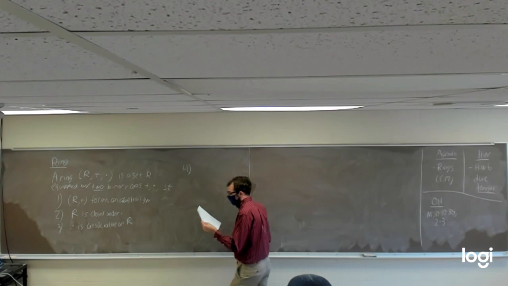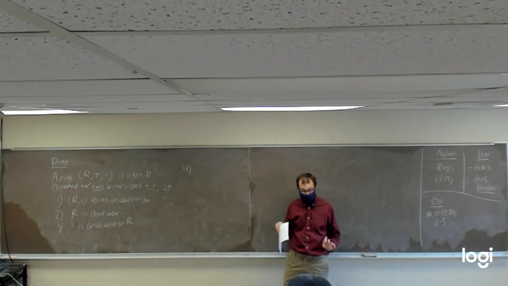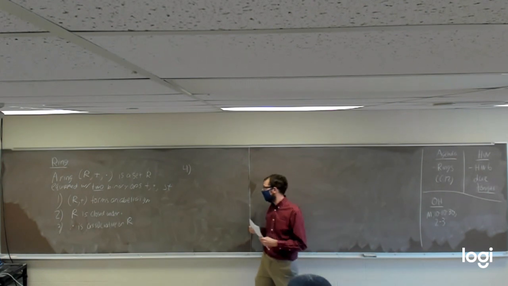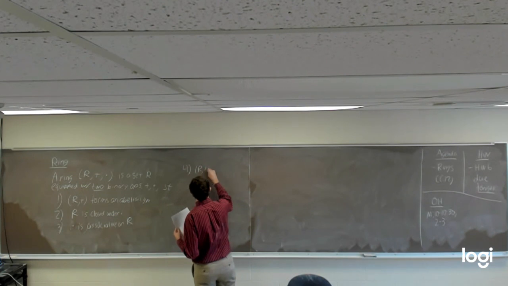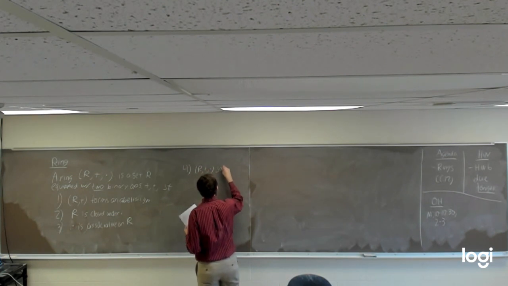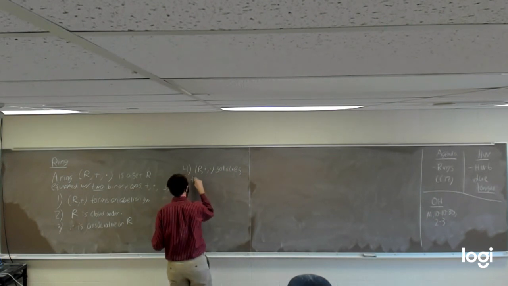And the last condition that we want is going to be one that kind of combines the addition and multiplication operations in a way, and that's going to be the distributive properties. Properties because there's technically two of them.